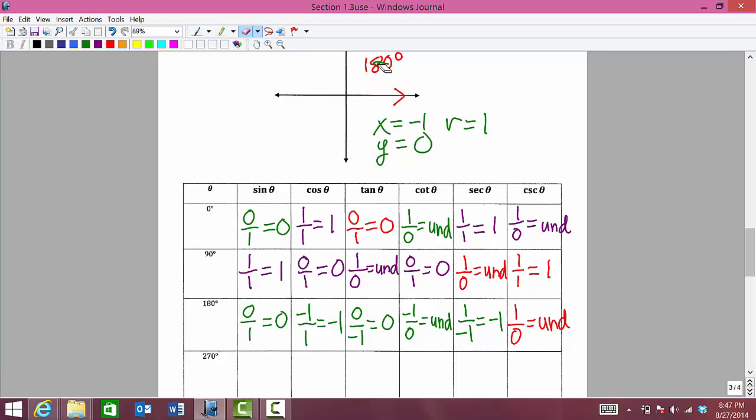Okay, now let's go through this again one more time for our last quadrantal angle, which will be 270 degrees. So we're going to put our angle in standard position, and we are going to come all the way around three quarters, 3 quadrants, and we're going to be right here on the negative y-axis.